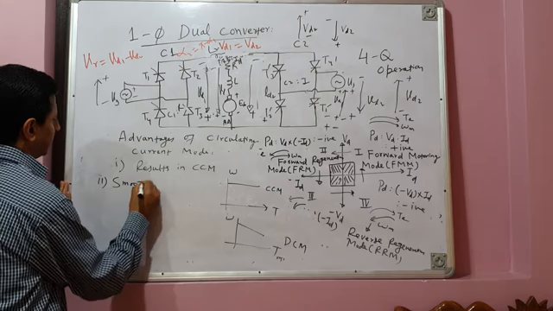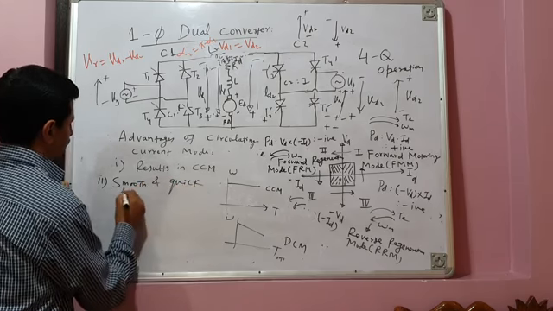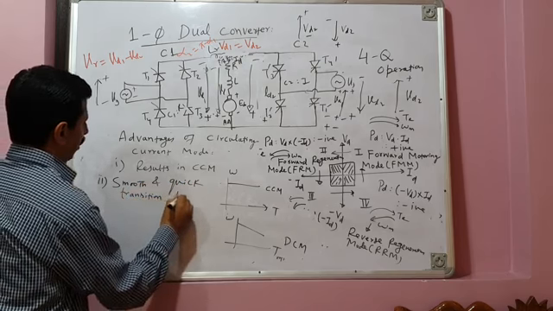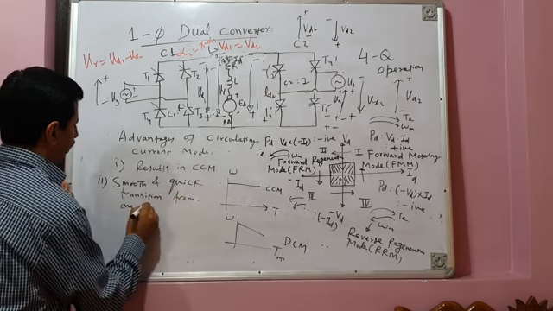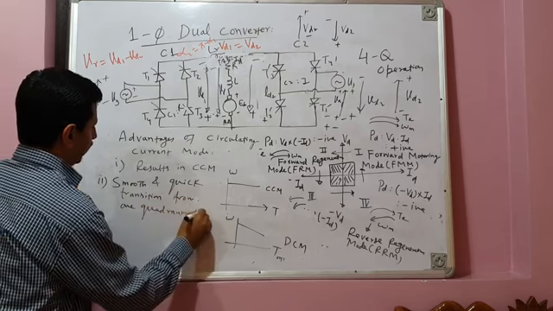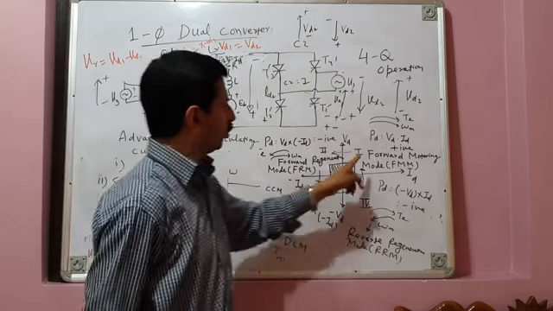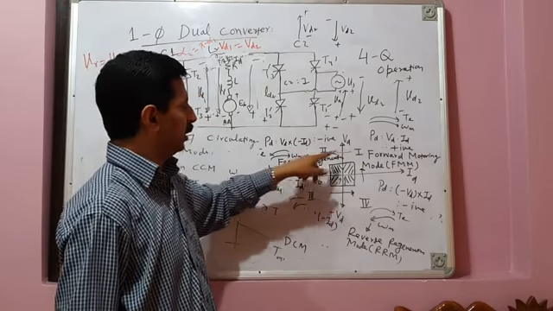smooth and quick transition from one quadrant to another. I mean, if you want to go from forward motoring mode to reverse motoring mode, you have to go through quadrant 2.